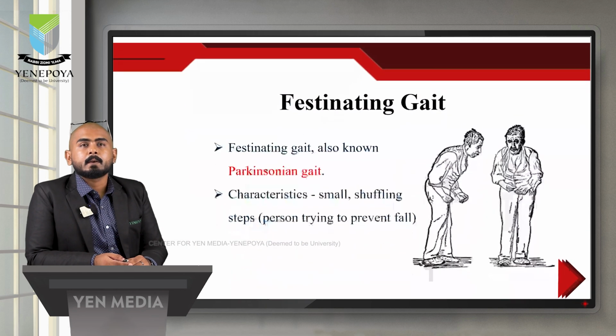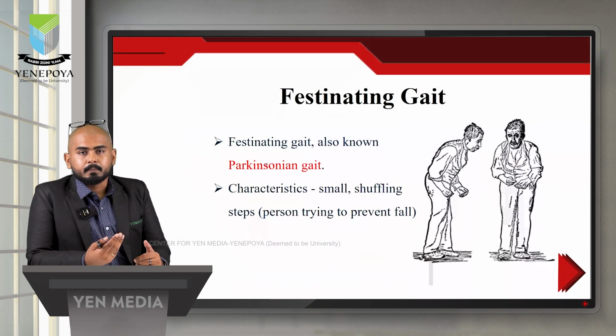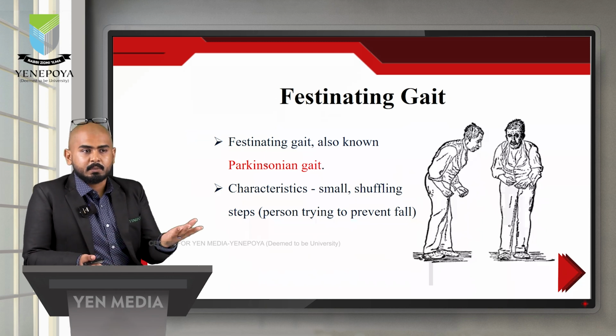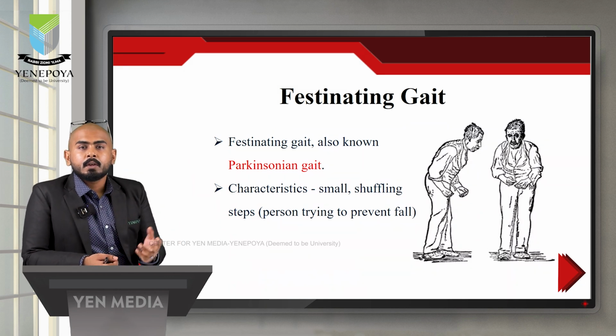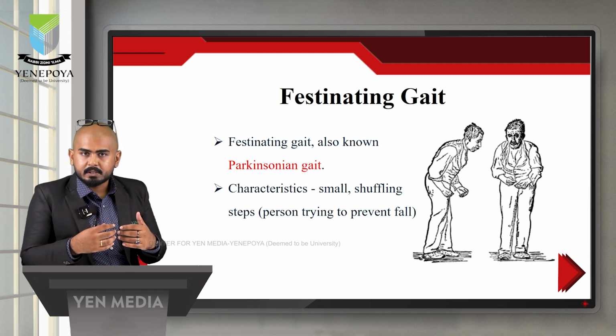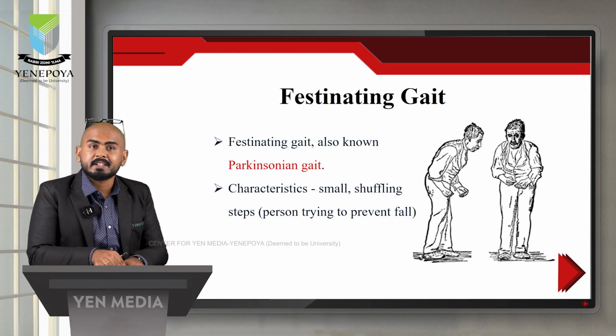All right. Going to festinating gait. Festinating gait is usually seen in patients with Parkinson's disease. Now, what is Parkinson's disease? It's a neurodegenerative disorder where the dopamine levels come down. So they have tremors, they'll be shivering, and they tend to take very short steps, called short shuffling steps.